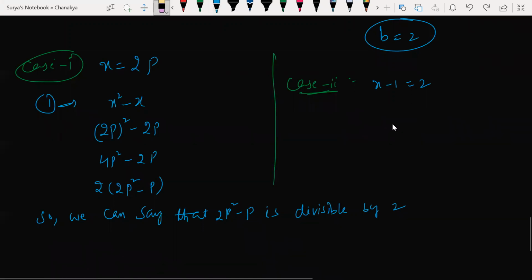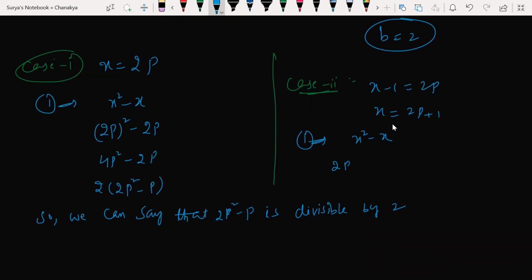Can I take x minus 1 is equal to 2p? Here x was equal to 2p, I equated. Now x minus 1 is equal to 2p, I'm equating. So x becomes what now? 2p plus 1. So from the first equation, look at this, x square minus x.